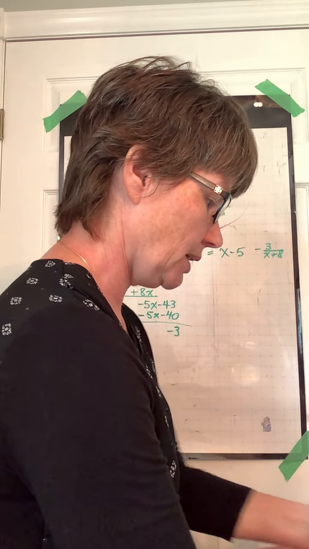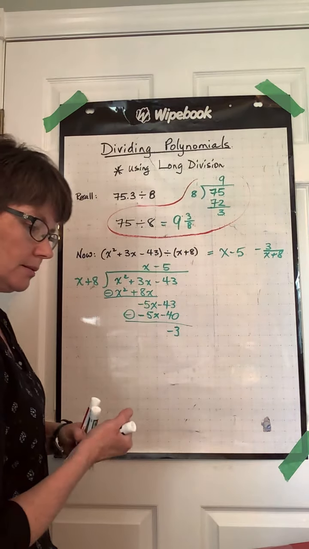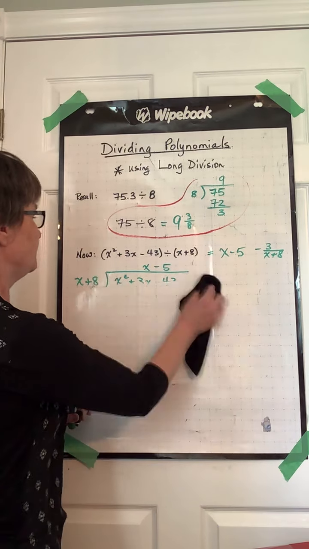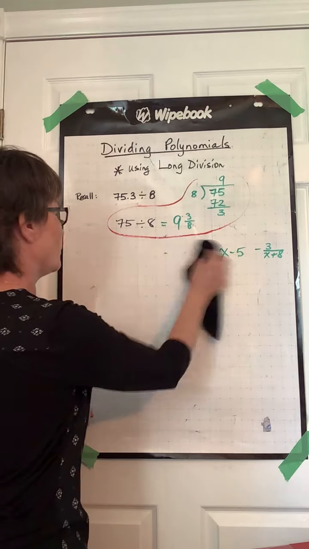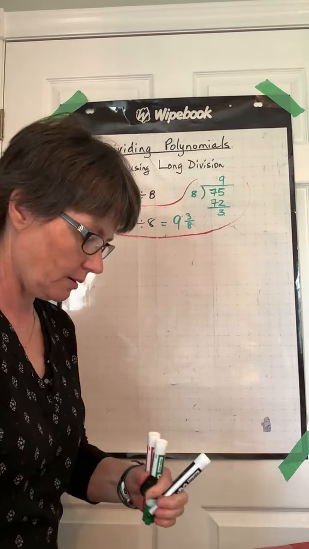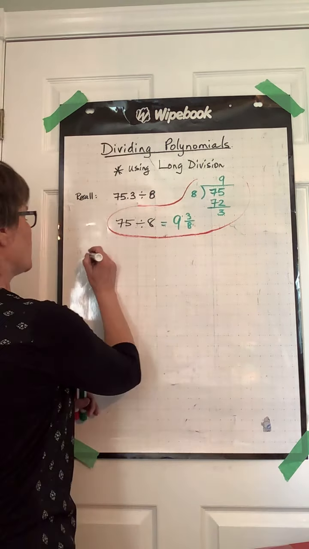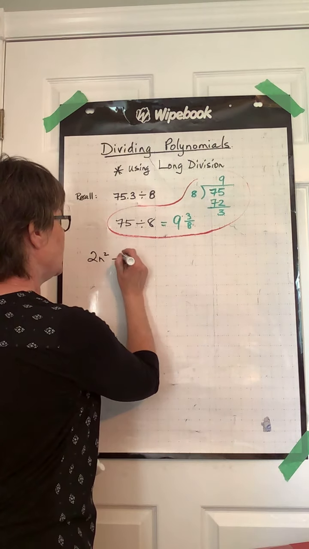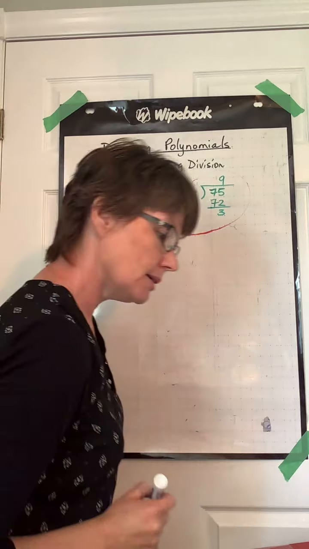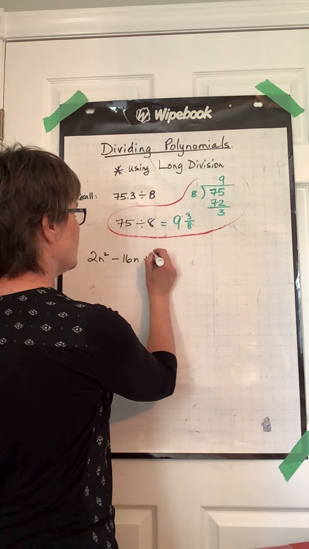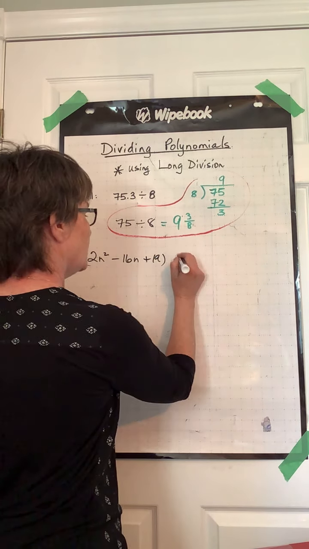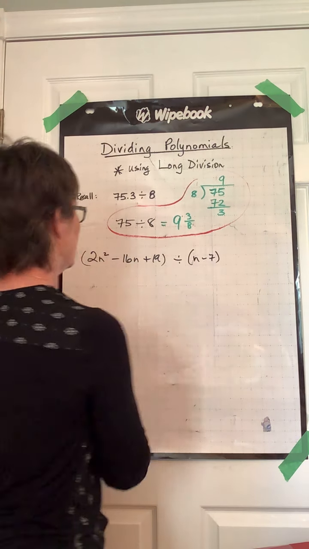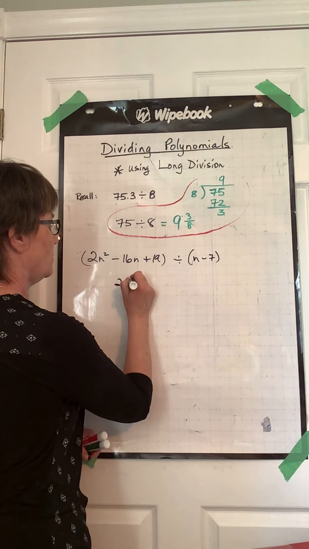by long division again. All right, so we have 2n squared subtract 16n plus 19 divided by n minus 7. Okay, so we're going to set this up the same way.